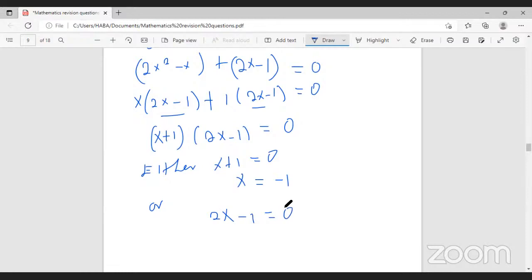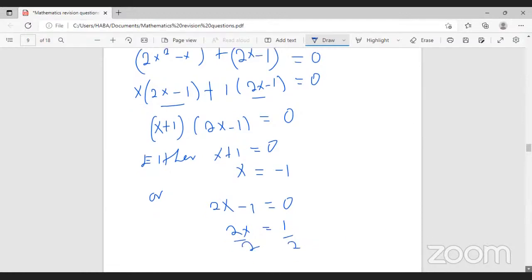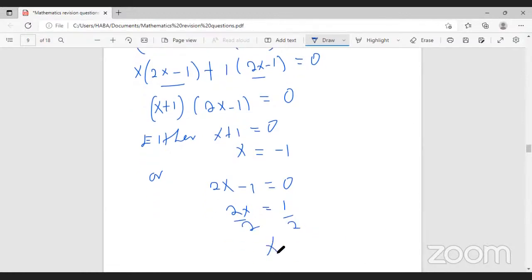Are we following? Yes, we are following, teacher. So transfer the 1 to the right hand side. So 2x is equal to 1. Then divide by 2, and x will be equal to a half, or 0.5.